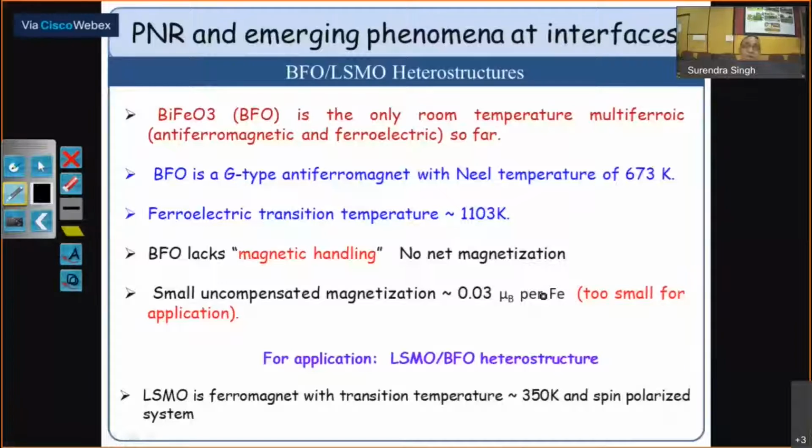Okay, so as I said, BFO is the only room temperature multiferroic, but this multiferroic is not ferromagnetic, it is antiferromagnetic and ferroelectric. Okay, and the transition is around 1100K. But one of the disadvantages, because this BFO has remarkably good properties for a multiferroic, but as we see, the application of this material is not so far along.